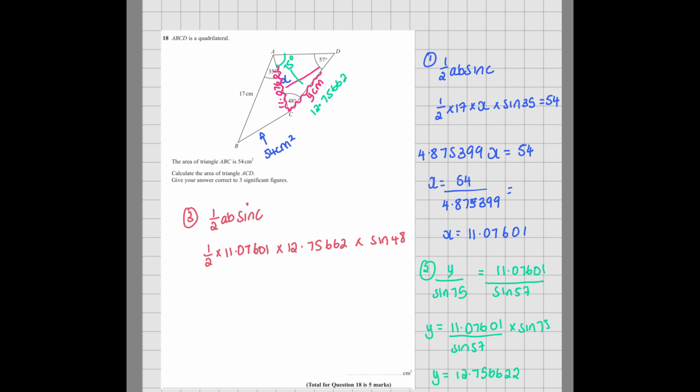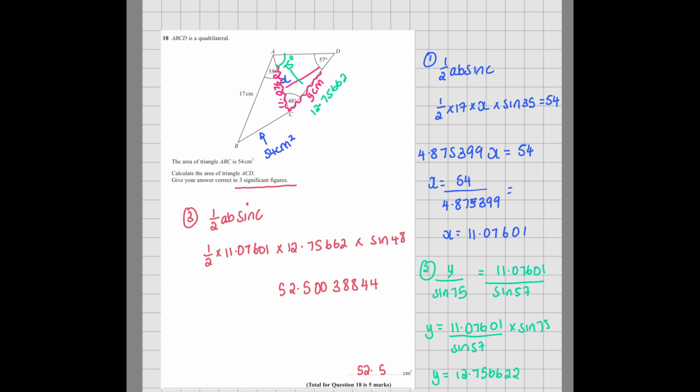And if I tap that into my calculator, I end up with 52.500388844, but it says correct to 3 significant figures, so 52.5 centimeters squared. Nice and easy, simple and straightforward.